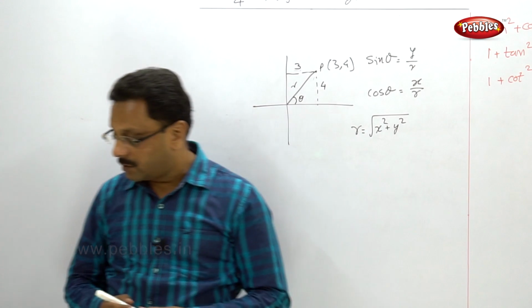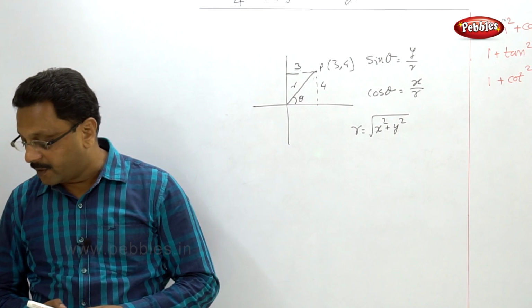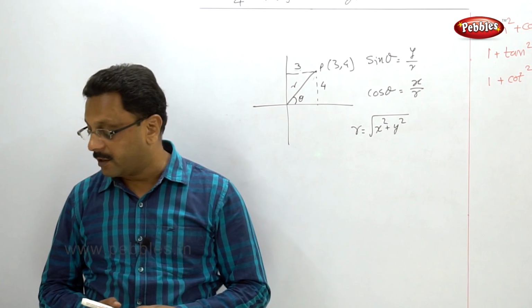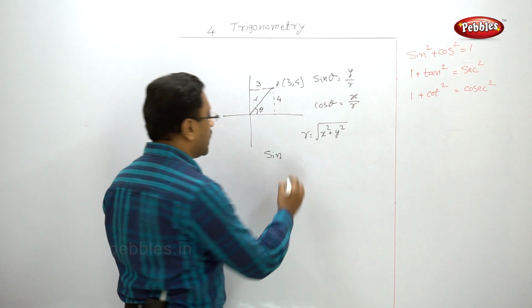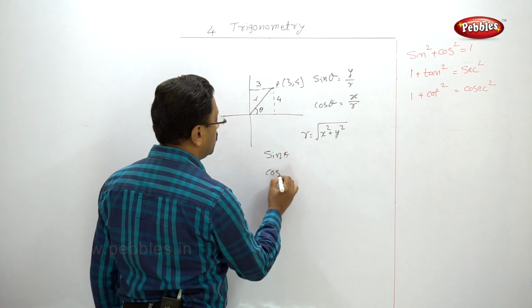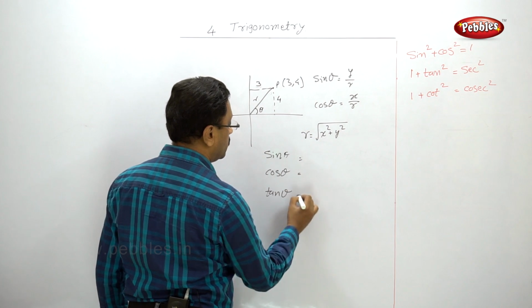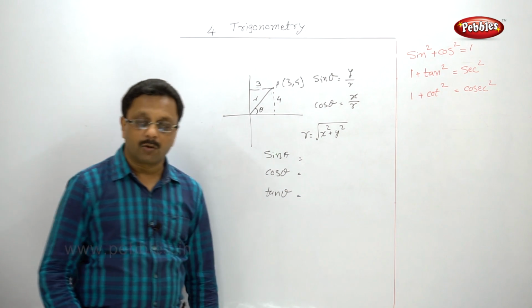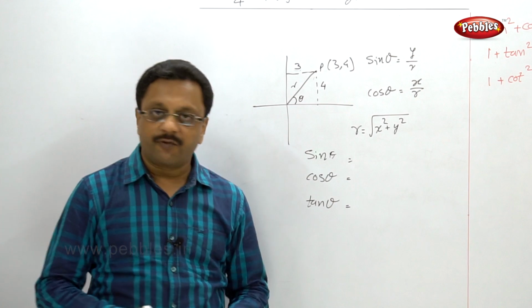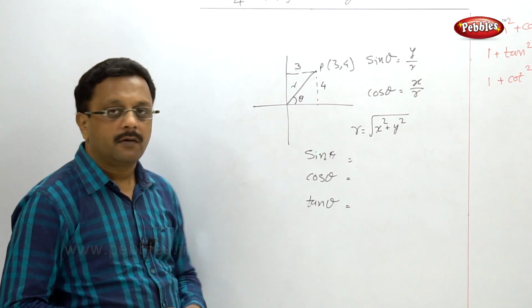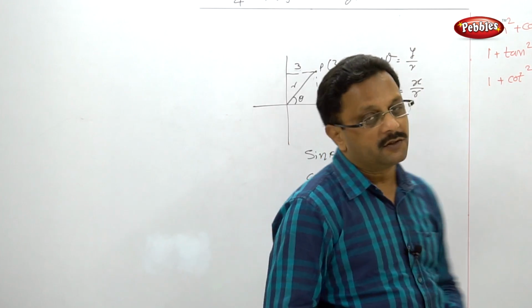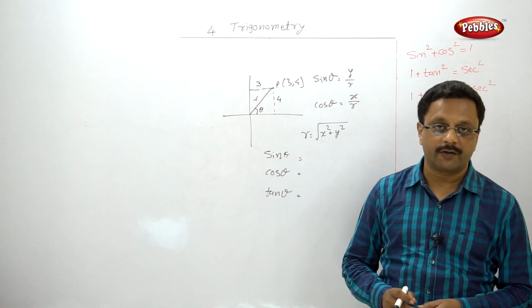So now what is asked? Find the trigonometric ratios in standard position. So we have to find out the sin theta, cos theta, tan theta, then sec, cosec and cot theta. But once we find out sin, cos and tan, cosec, sec and cot is very easy, just inverse of it. Okay.